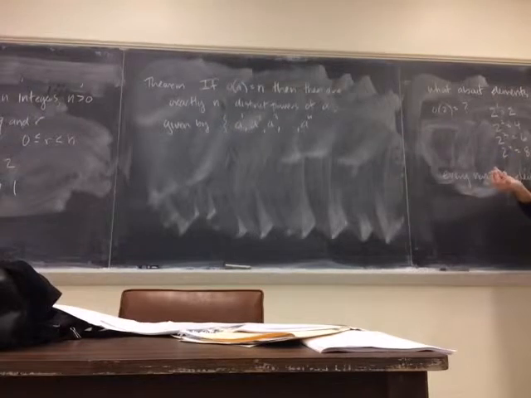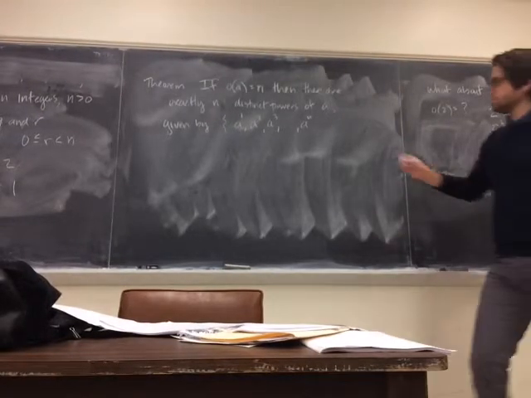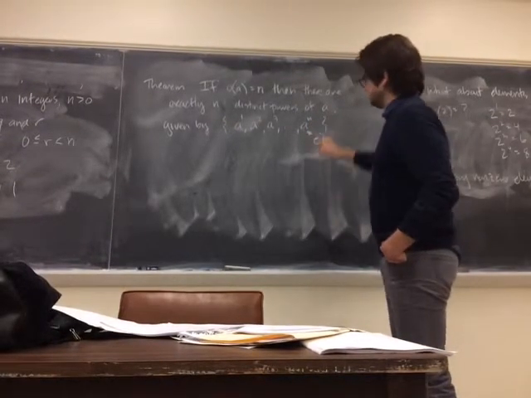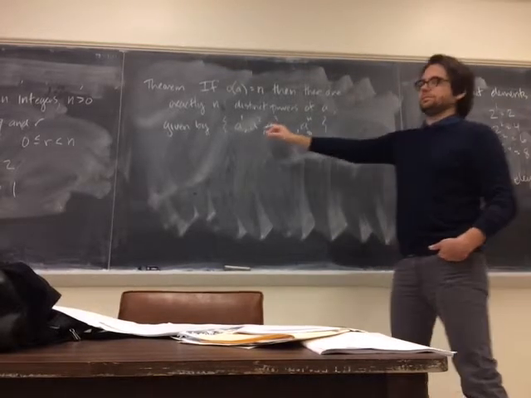If n is the order, what is a to the n? This is the identity. What I'm claiming is that all of these are different.